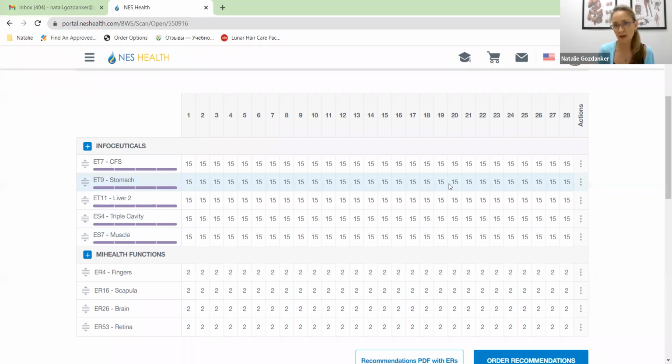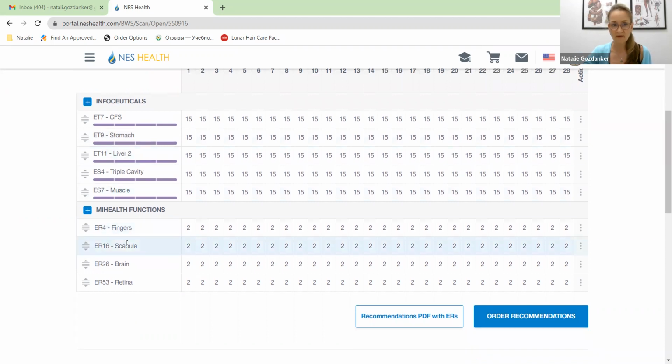It all depends on the factors: how sensitive you are, how much you can afford financially, how determined you are, whether you want the results to be quicker or you're ready to wait. It's a lot of factors taken into consideration when we tailor the specific protocol to a person.